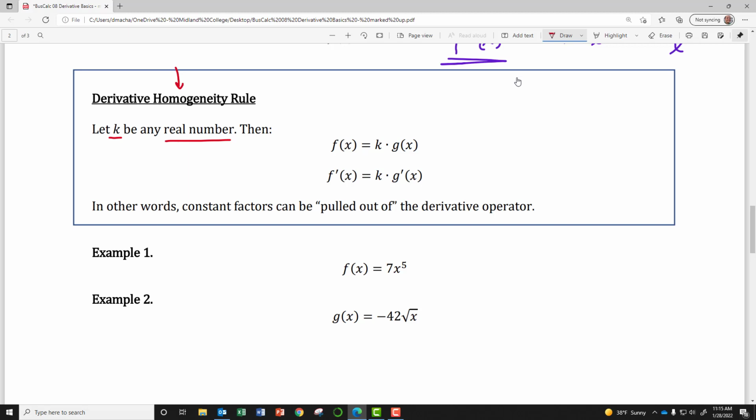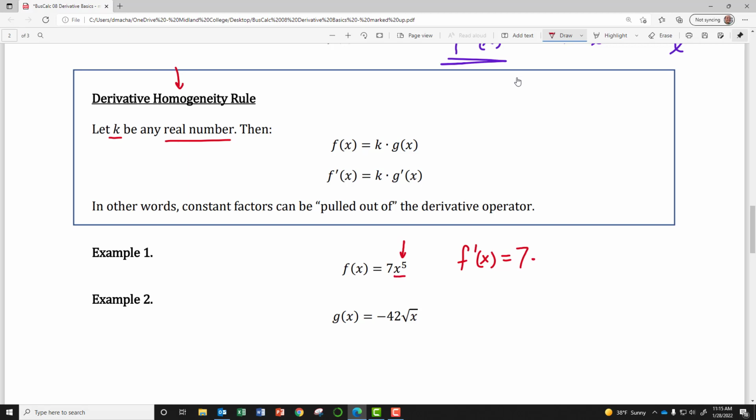So you know that you can take the derivative of x to the 5th power, but what about 7 times x to the 5th power? Well, the derivative of 7 times x to the 5th power is just going to be 7 times whatever I get for the derivative of x to the 5th power.